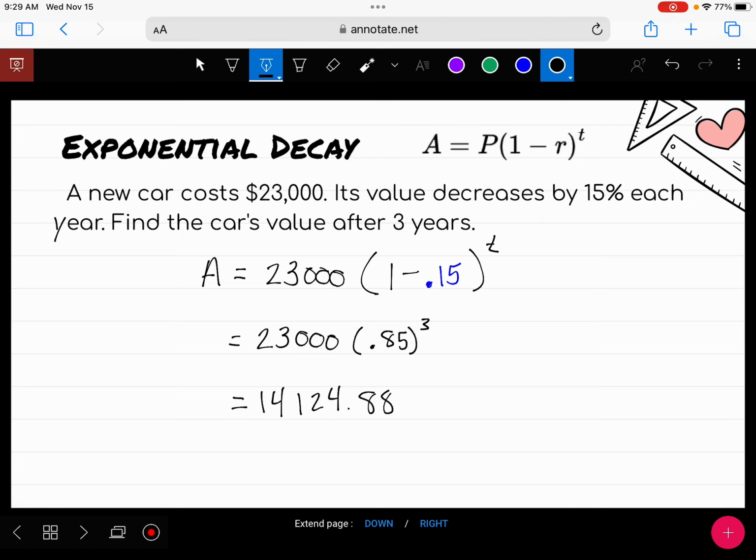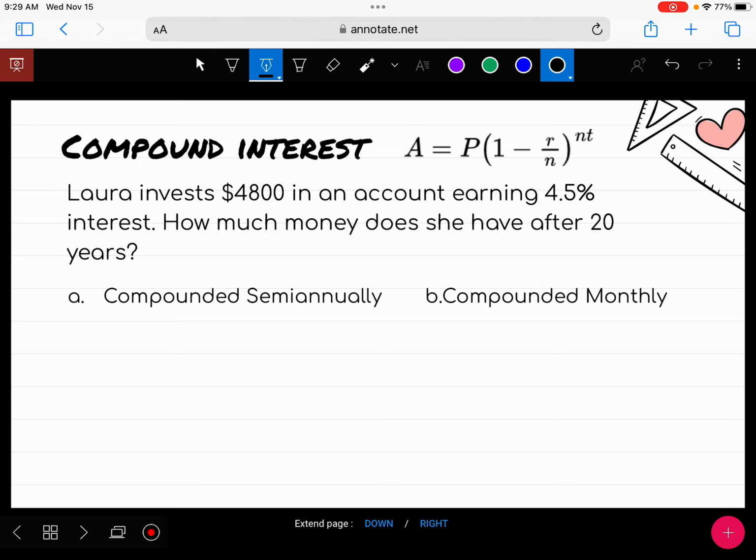Okay, we're gonna kick it up one more notch, because this is just our annual changes. We're gonna go more towards the banking side of things and deal with our compound interest. Aren't we thankful for calculators?